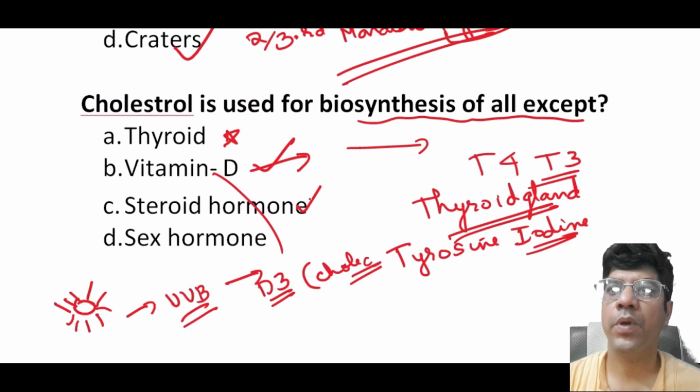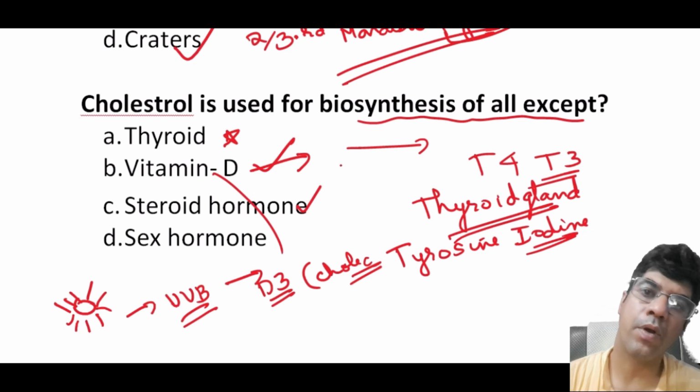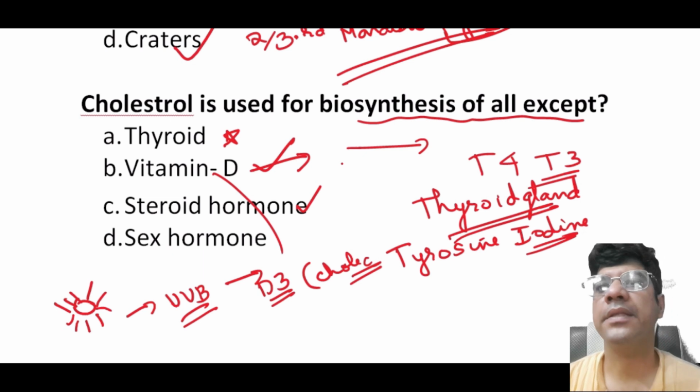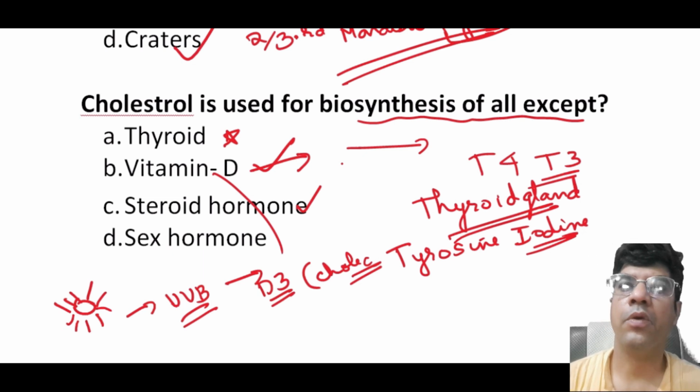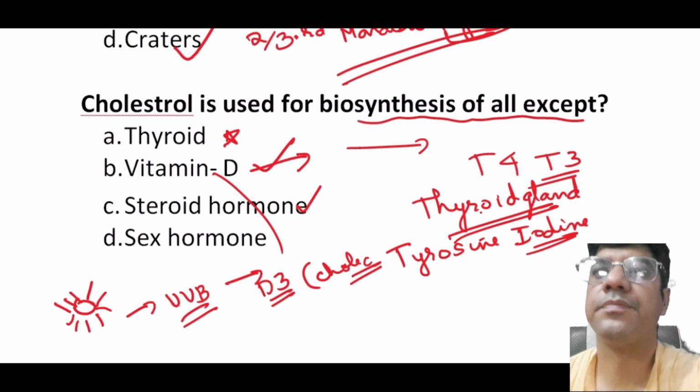Steroid hormone: cholesterol is a precursor molecule for biosynthesis of the steroid hormones that include glucocorticosteroids, mineralocorticosteroids and the sex hormones. The glucocorticosteroids such as cortisol are involved in regulating metabolism, immune response and the stress response.